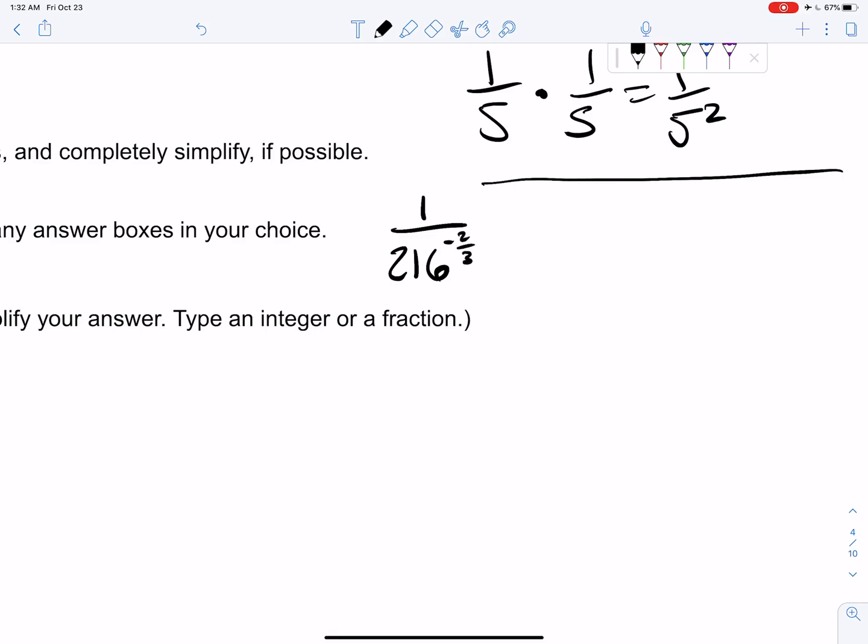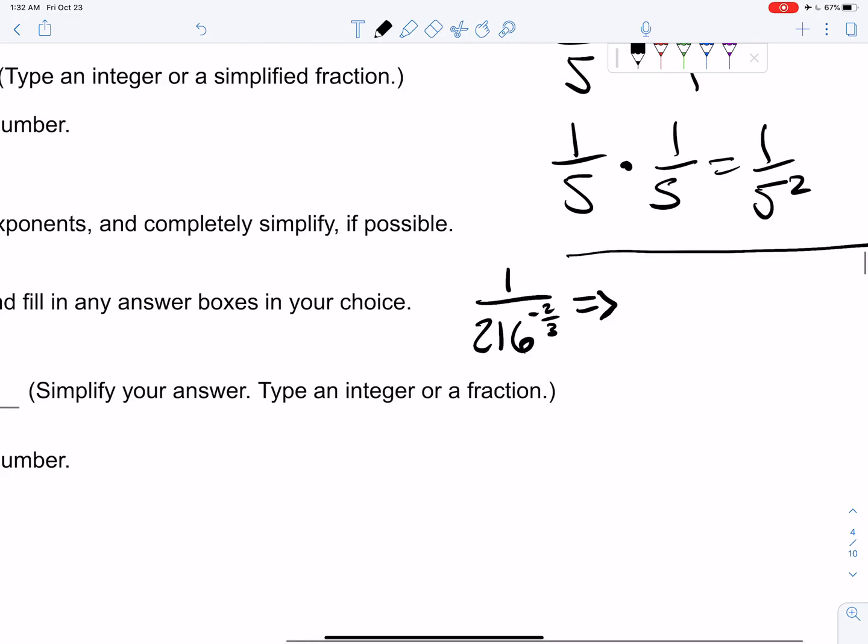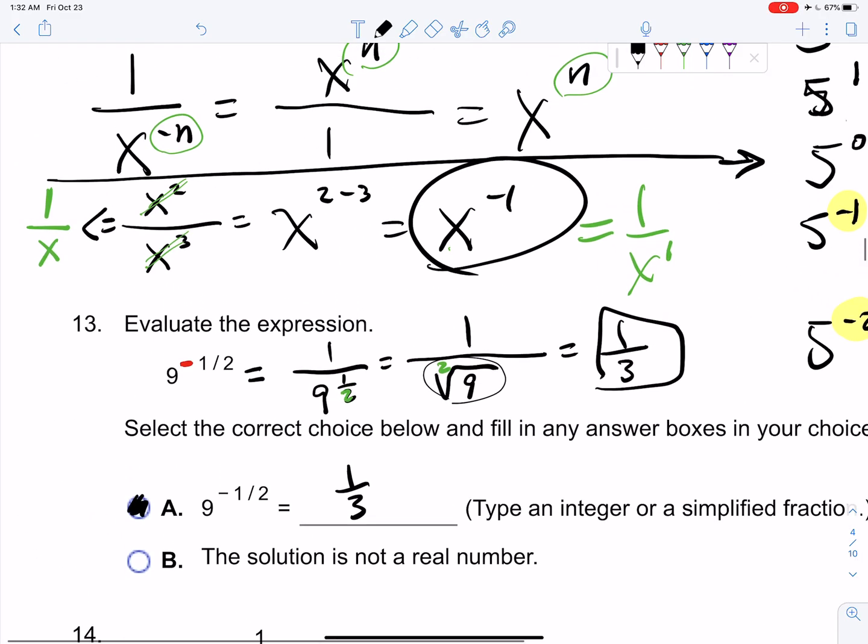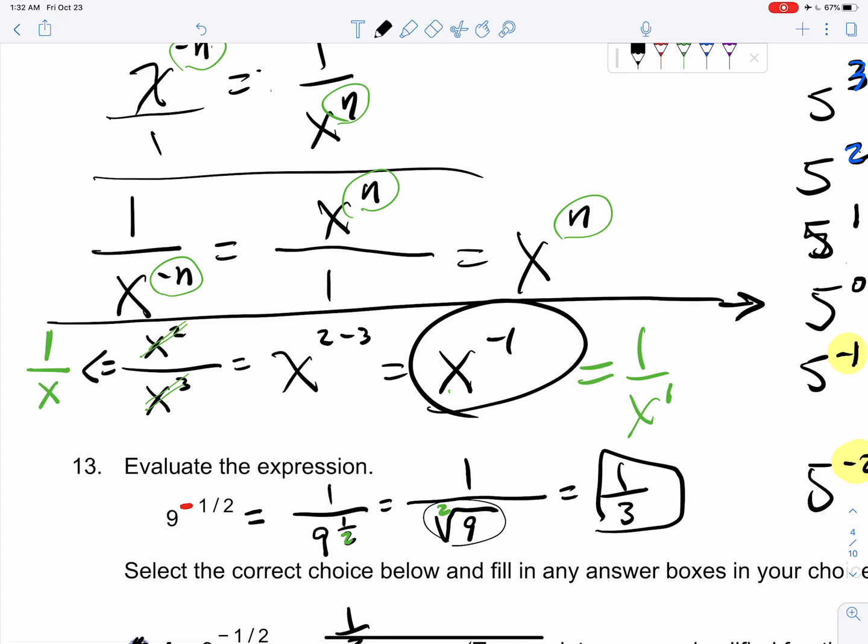I would encourage you just to do this problem in nice little steps. Now I've got a negative exponent in the denominator. Remember I told you a shortcut when you have a negative in the denominator is to rewrite that same expression up in the numerator, except the exponent is now positive.